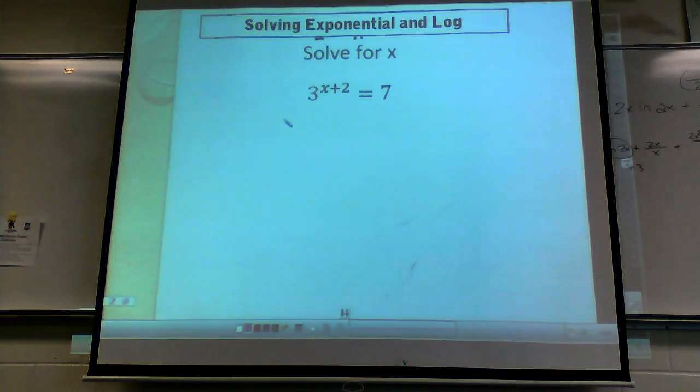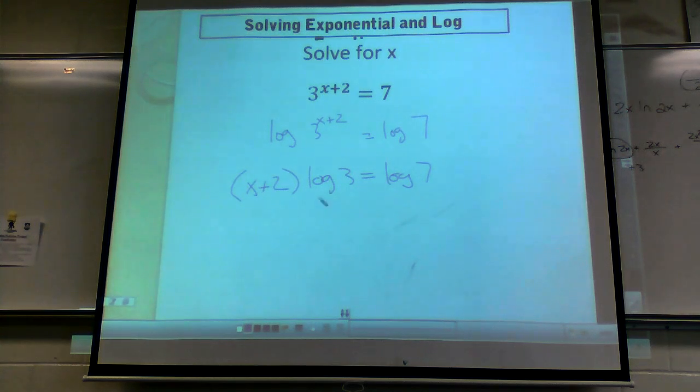When I take the log of both sides, this is the point where you use the laws of logarithms to move that exponent down. Since it's an exponent, it drops to the front, just like always. Then once you're here, you just solve it like a regular linear equation.